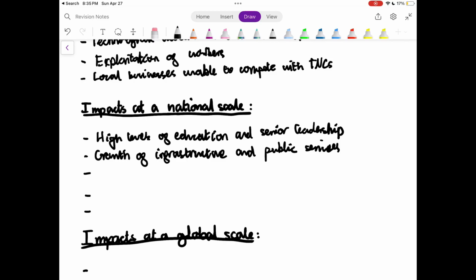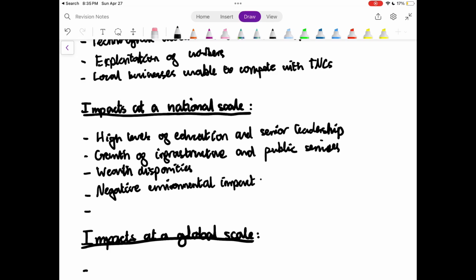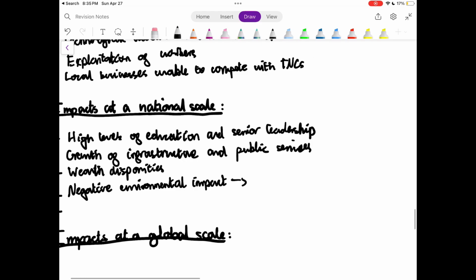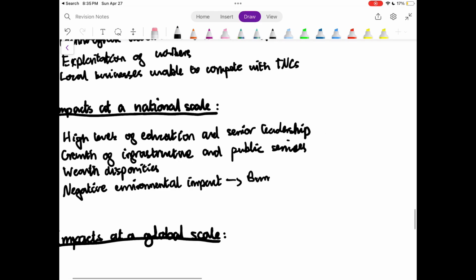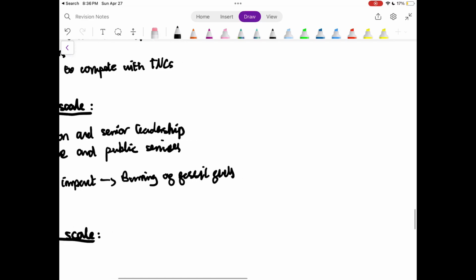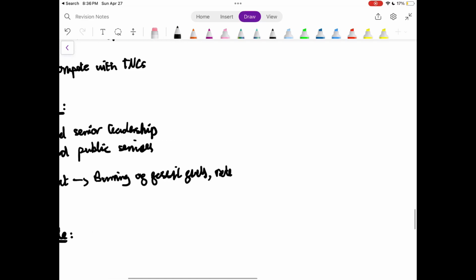However, there are some negative effects of globalization at a national scale. So this could create wealth disparities. It can also have a negative environmental impact, and this is because of the burning of fossil fuels, which releases greenhouse gases.